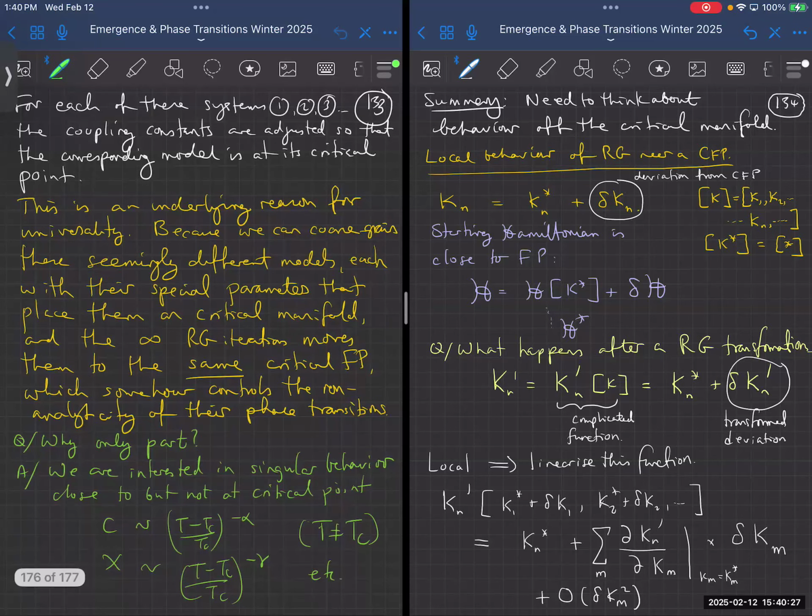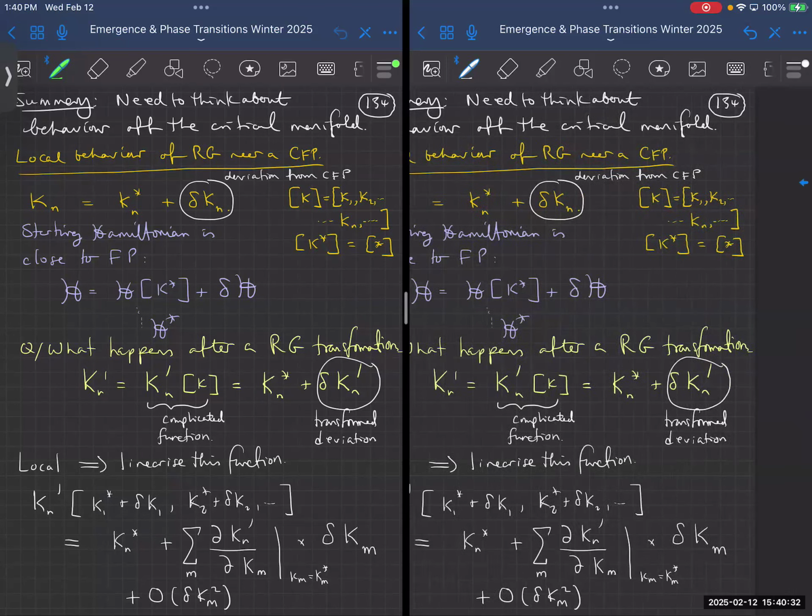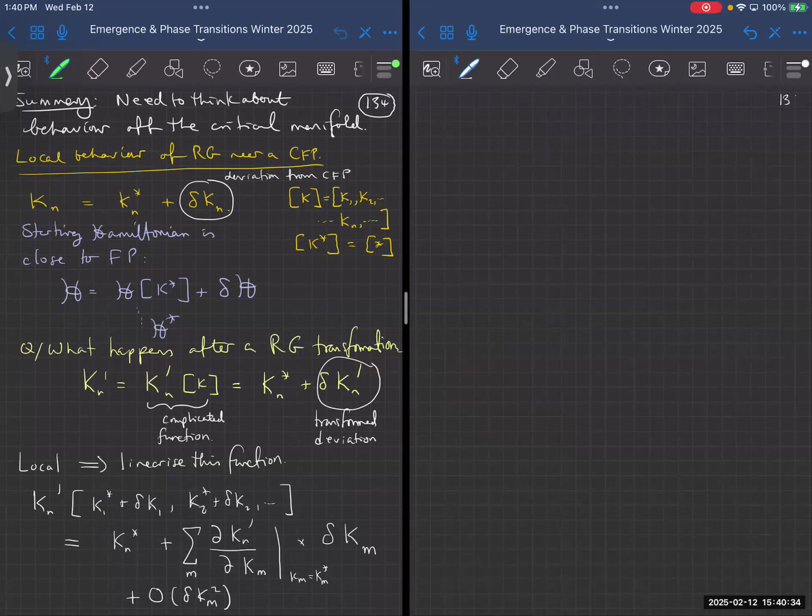So that's got to be the general form of what this function will look like. And I don't know what this thing is, but I can write this in the following way: delta Kn prime is equal to the sum over m of the derivative times delta Km plus higher orders that I'm going to neglect.